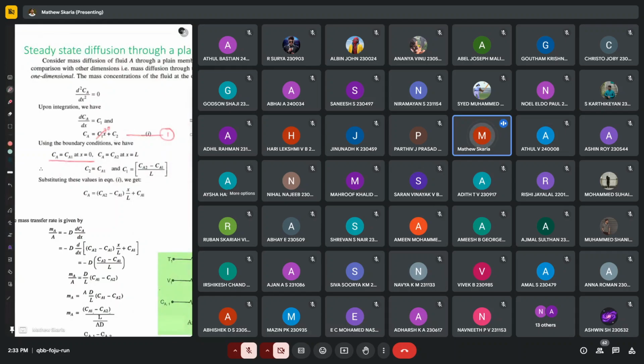What remains is C2. C2 is equal to Ca1. So C2 is equal to Ca1. Ca1 is equal to 10 units എന്നിരിക്കട്ടെ.